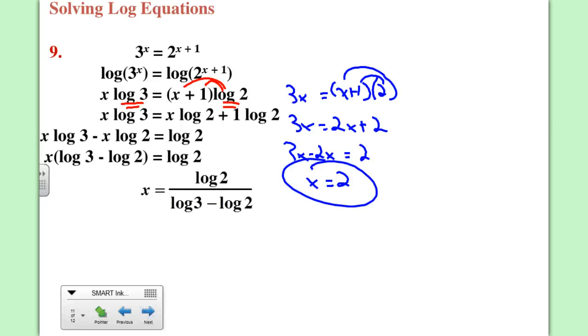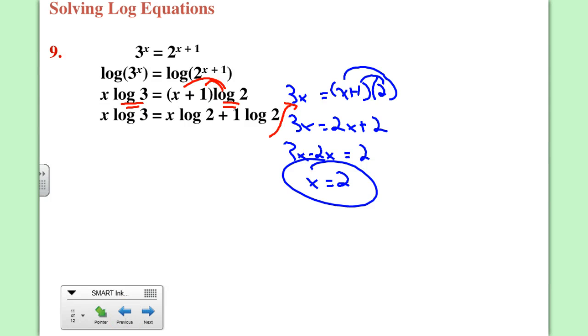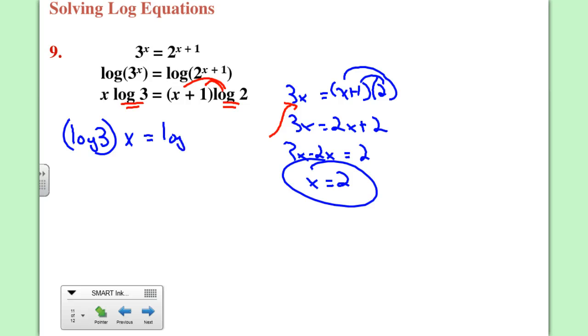Personally, to kind of draw similarities to what we did here in grade 9 and so on, I like thinking about it like this. So if I go back to this question, when I distribute, I put the log out front. And so I think of this as, and the books won't say it, log 3 x's, that's how many x's you got, equals log 2 x's plus log 2.